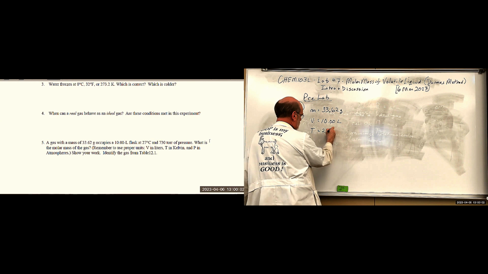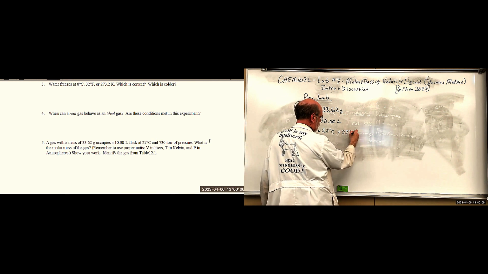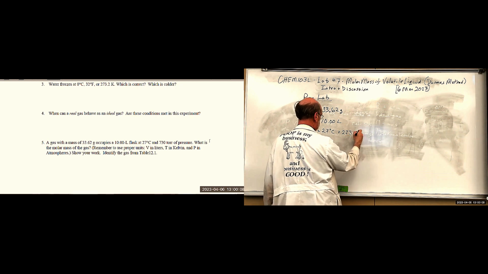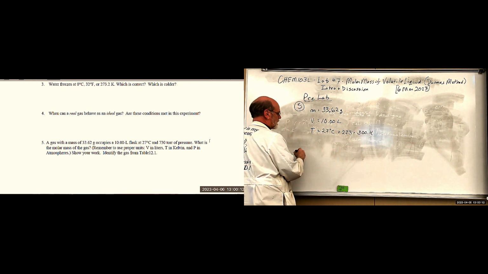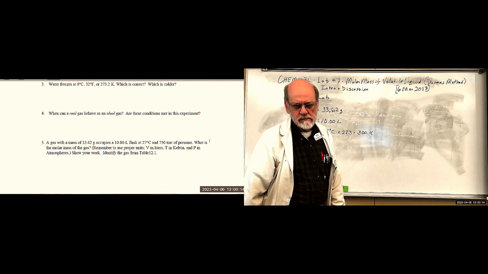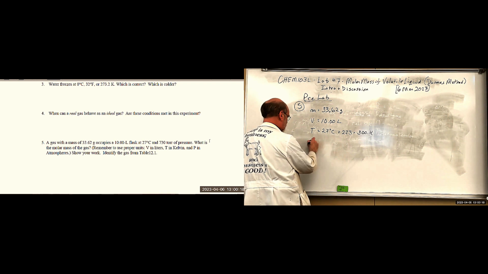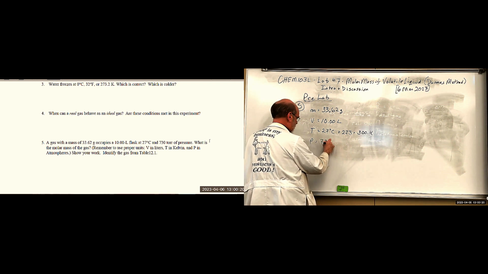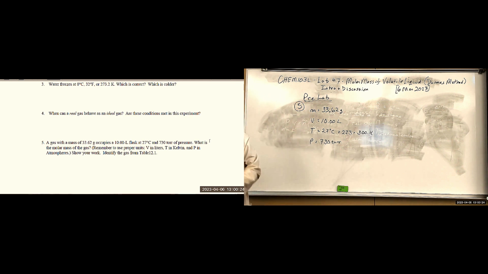We know we're going to need K, so we might as well go to K. And what else are we given? 730 torr. What's a torr? It's a millimeter of mercury. Right.